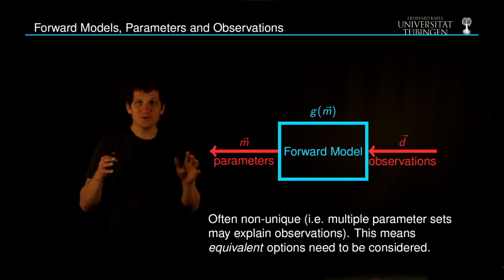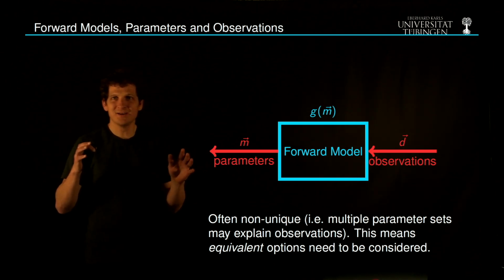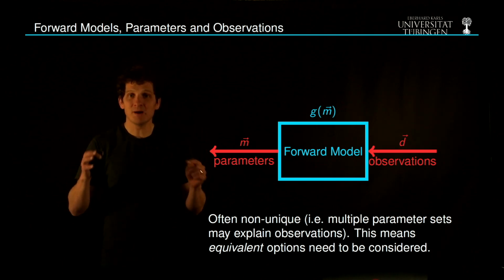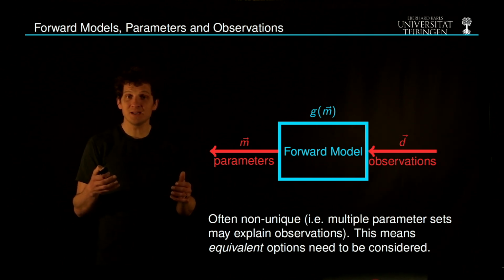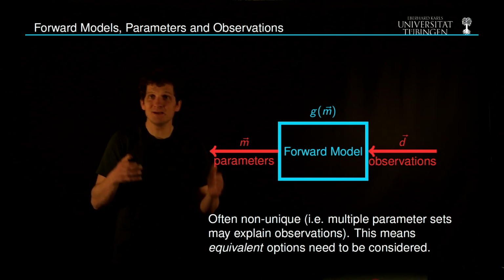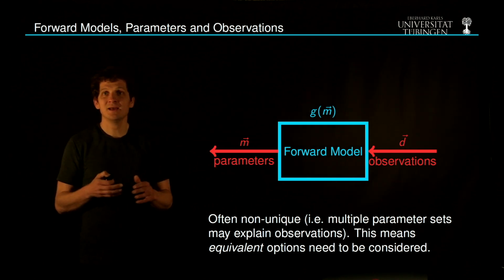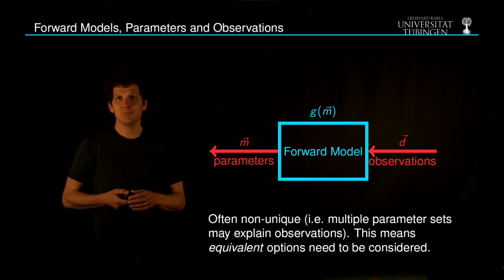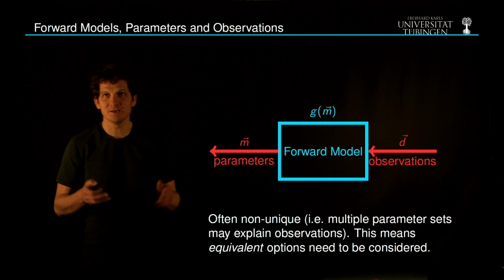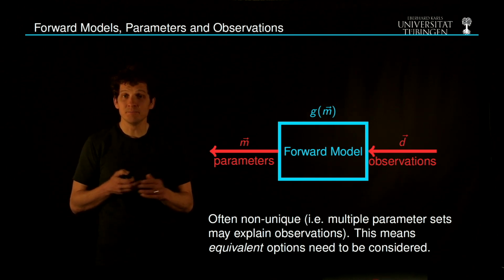And this can be a pretty cumbersome job, and there's definitely smarter methods of how this can be done, and we call these methods inverse modeling, and this will be covered in more advanced classes here in Tübingen at the master's level.